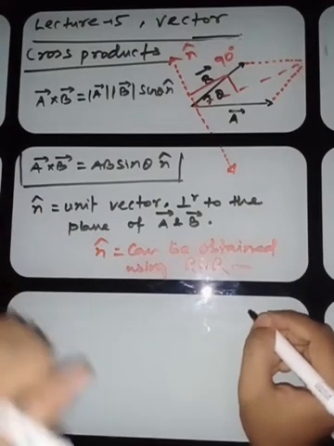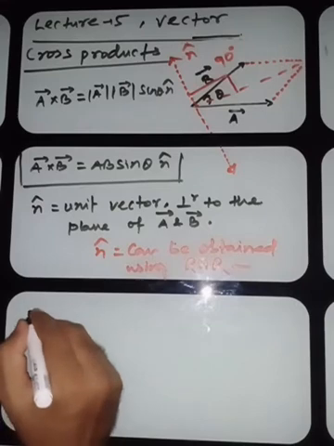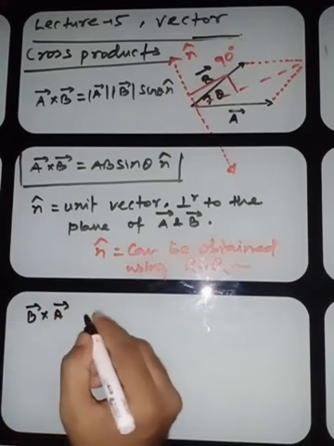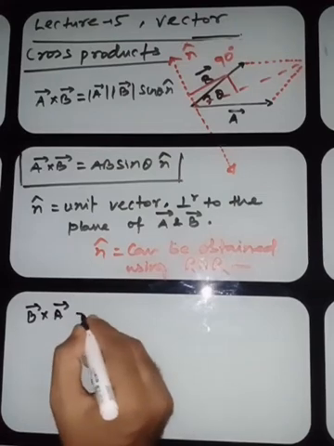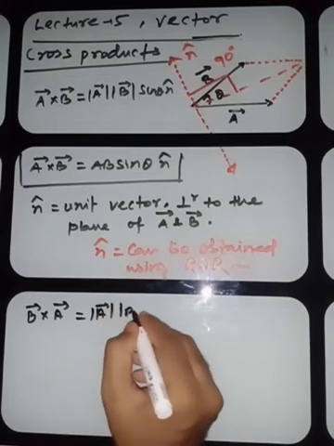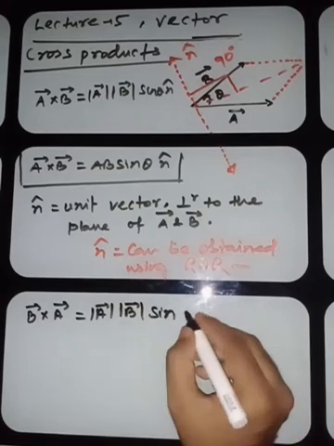Before that, I am going to find what the value of B cross A will be. Is B cross A equal to A cross B, as A dot B was equal to B dot A? Mod of A, mod of B, according to the definition, and the sine of the angle, sine theta.